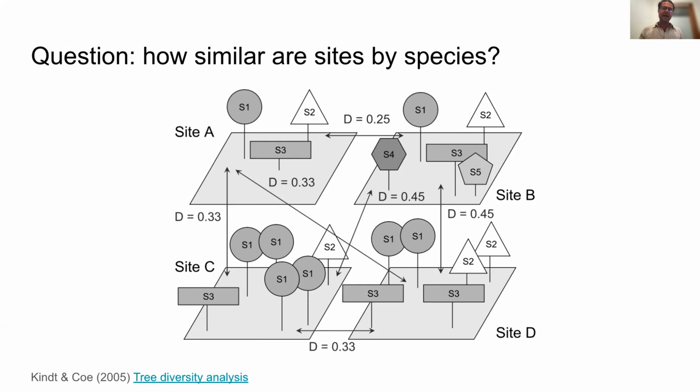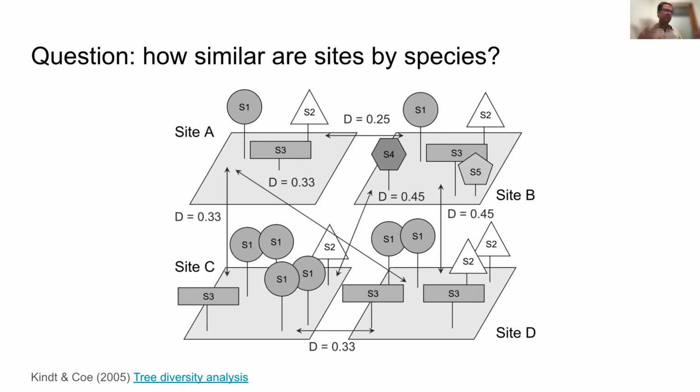Today, with unsupervised learning clustering techniques, we're going to look at how sites are related based on species within each site. And then next time, we're going to look at how they're related based on the environment within each site, and then we're going to combine the two in a plot next time.